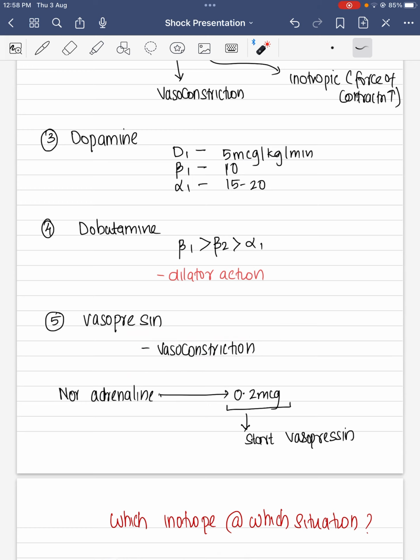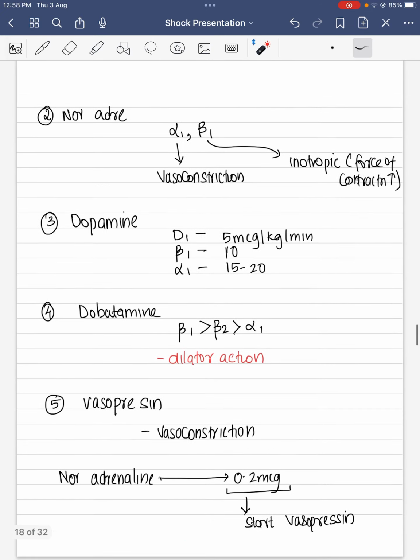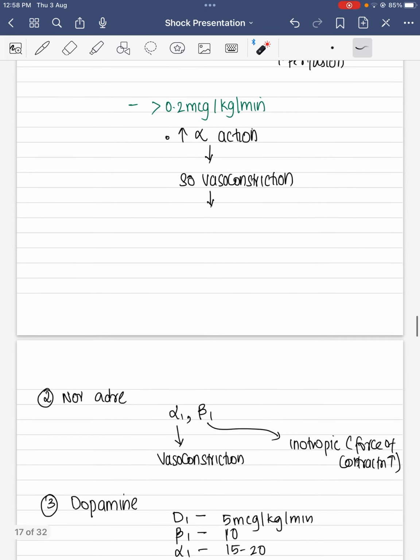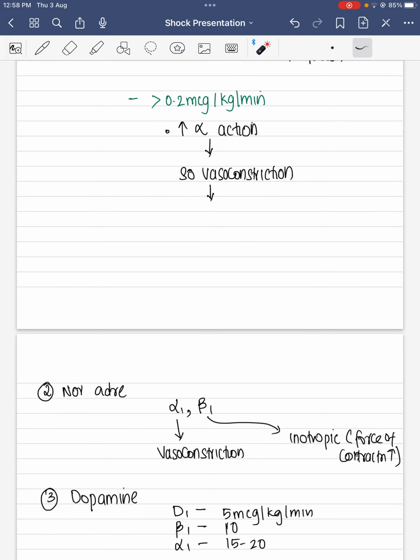And when to add vasopressin? Usually when noradrenaline's dose reaches 0.2, then in addition to noradrenaline we will add vasopressin. That I will discuss in the coming discussions. So now you know which are the 5 drugs and which are the receptors on which these 5 drugs are acting.